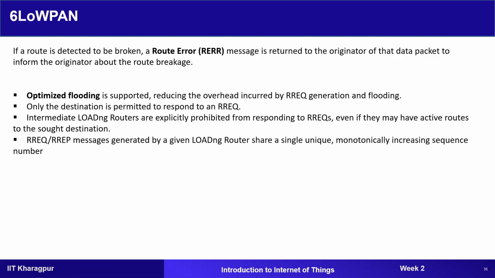Only the destination is permitted to respond to route request messages, so the nodes which are present in between cannot reply to the route request message. The intermediate LOADng routers are explicitly prohibited from responding to the route request messages, and route request messages are generated by a given LOADng router.